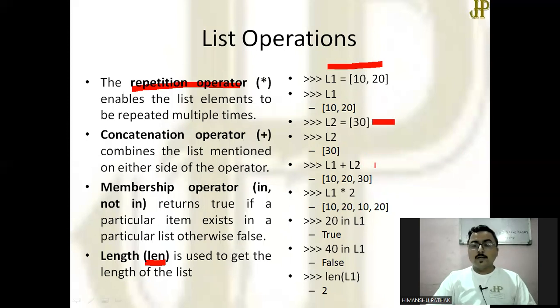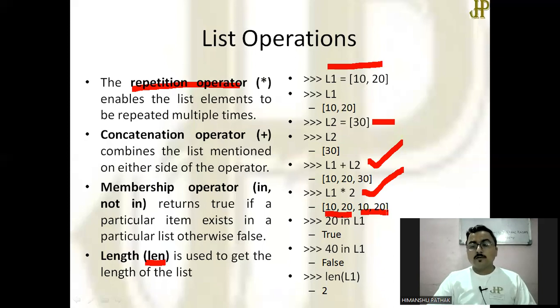Now I am going to try L1 plus L2. It will concatenate both lists L1 and L2 and print 10, 20, and 30. Now I am going to try repetition of elements. L1 into 2, I want to repeat it 2 times. That's why here you can see that 10, 20, again 10, 20 will be printed.